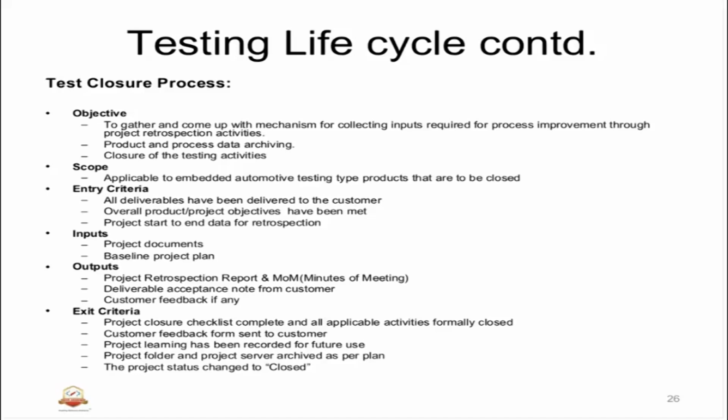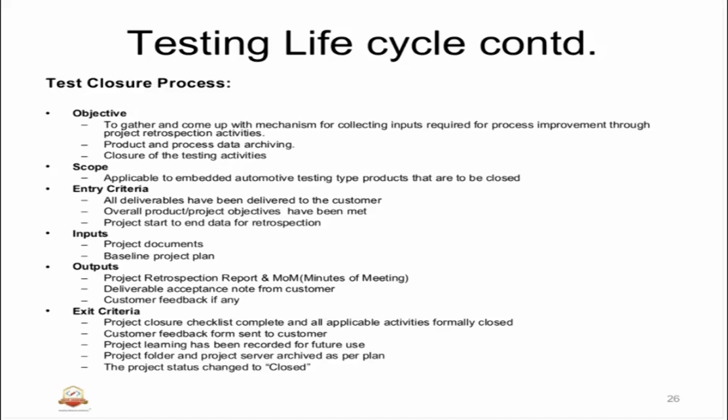These two aspects we will record and have. That is the objective of this closure. It's called a closure activity. As part of the closure activity, we record all the aspects of what we have done in the process and how we can improve on the lessons that we have learned while implementing the testing.